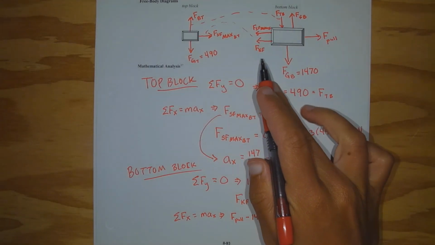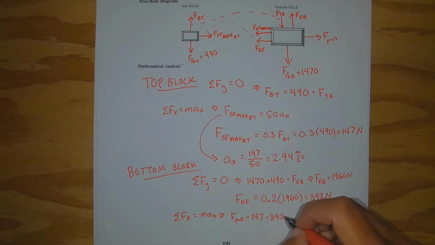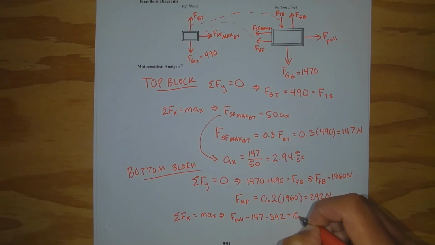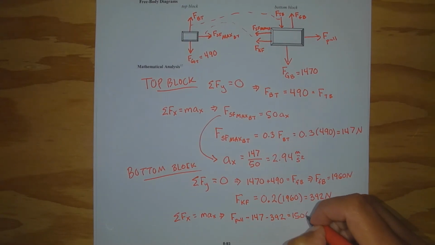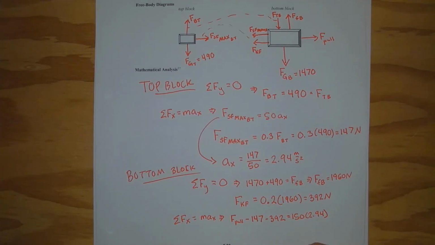Then I have the force of kinetic friction between the floor and the bottom block, which is 392. And that is equal to 150 times 2.94.